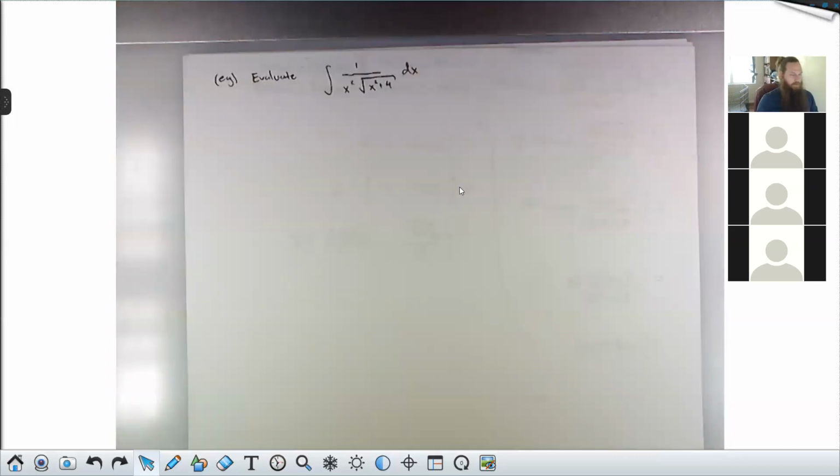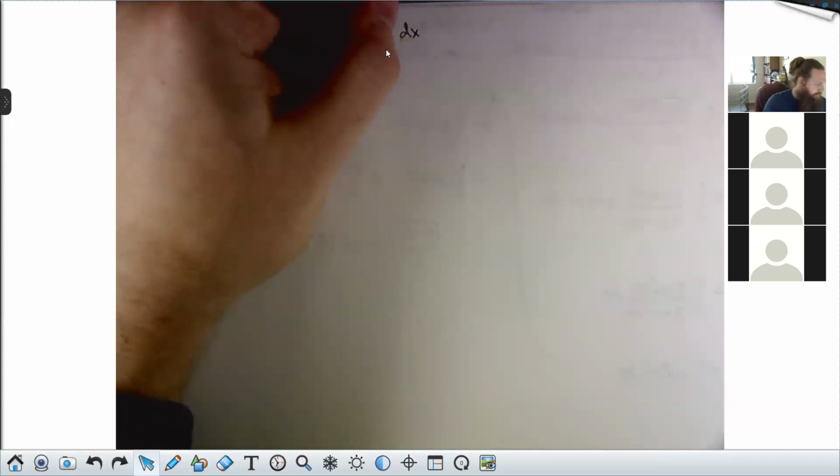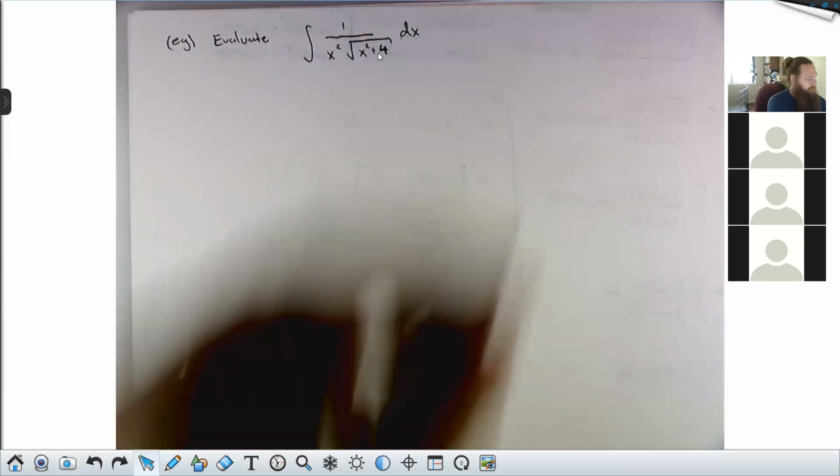So I have here the integral of 1 over x squared times the square root of x squared plus 4. This radical does look like something from my trig sub Bible. What's the substitution I'm going to make here?